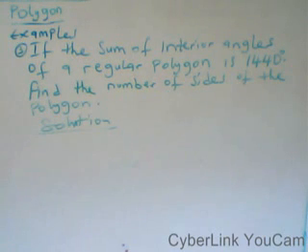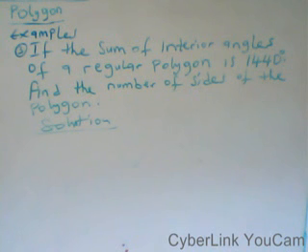For this example number 3, the question says that if the sum of interior angles of a regular polygon is 1440 degrees, find the number of sides of the polygon. Here we've already been given the sum of the interior angles of a particular polygon. They now want us to find the number of sides of that particular polygon.